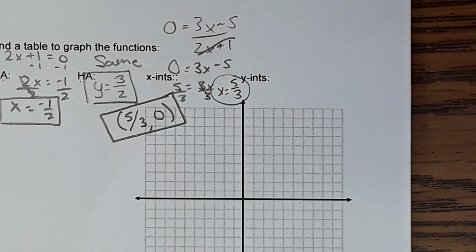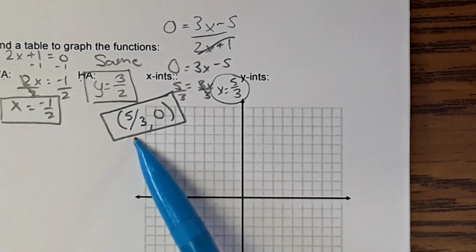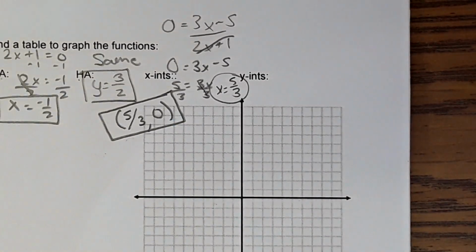So we get x equals 5/3, which the coordinates would be 5/3, 0.